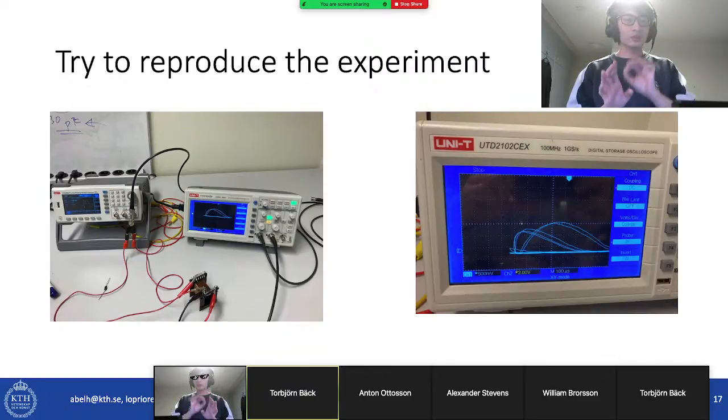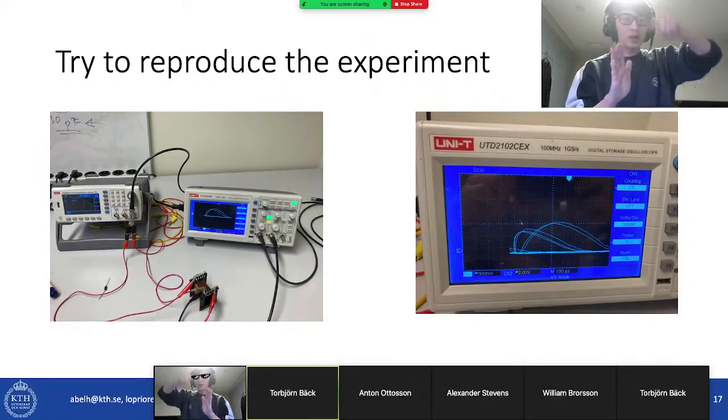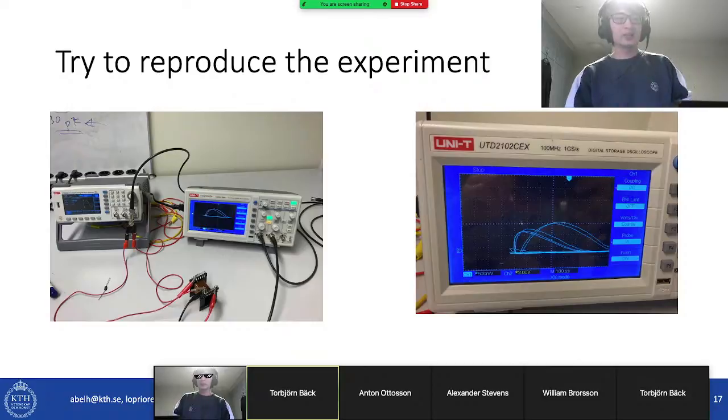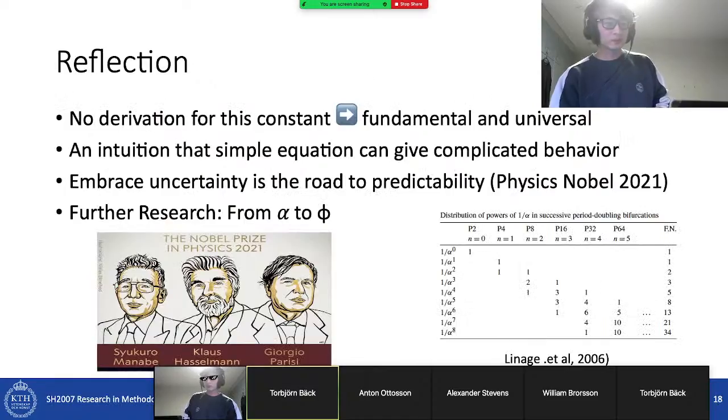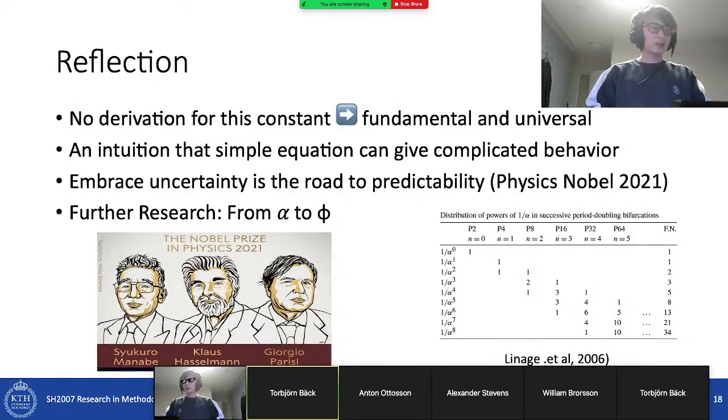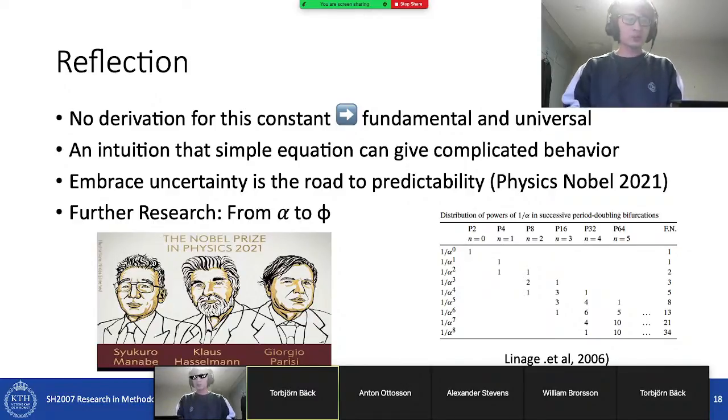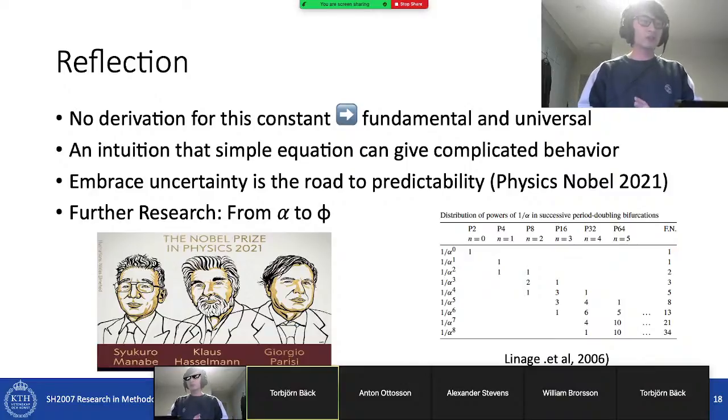I think the researchers should use voltage against time to see how many oscillations, so as to count how many bifurcations. And the reflection is that there is no derivation of this constant, so it should be fundamental, universal to all kinds of physical phenomena.